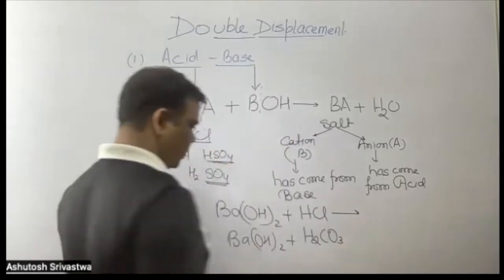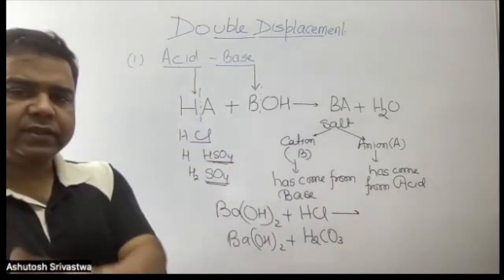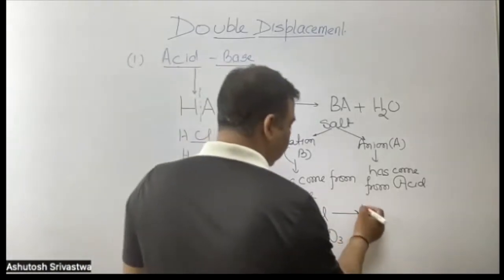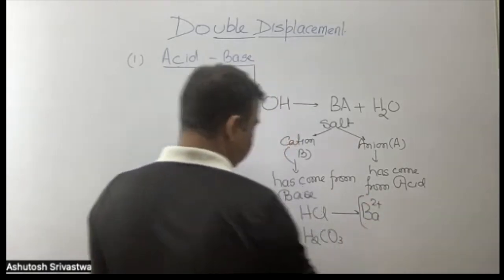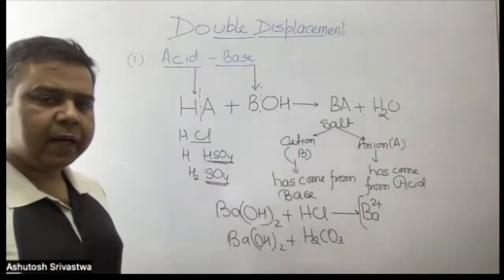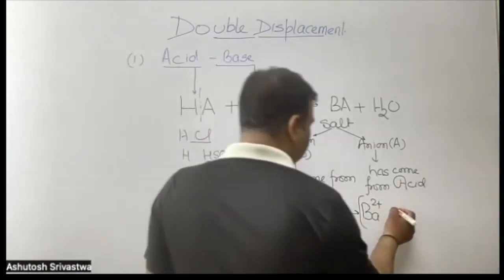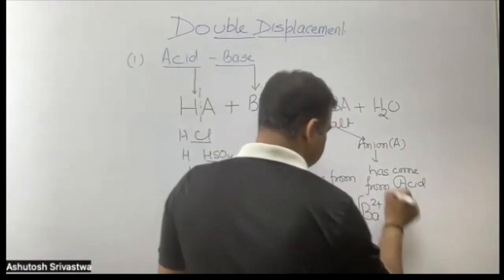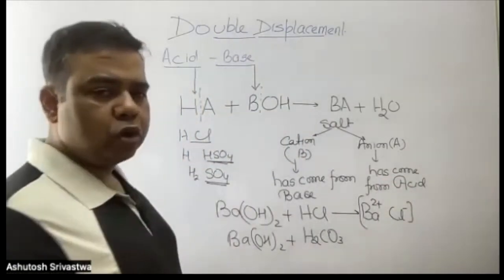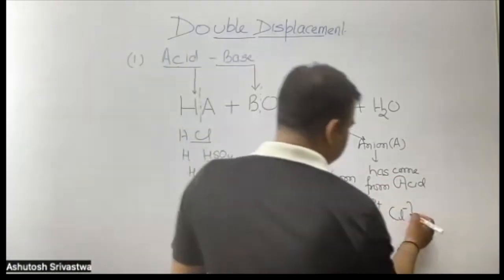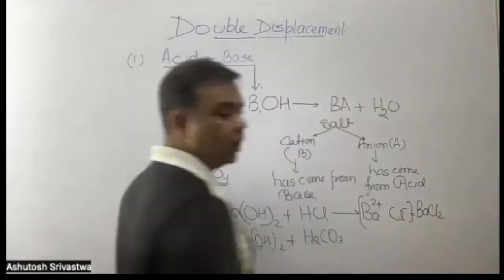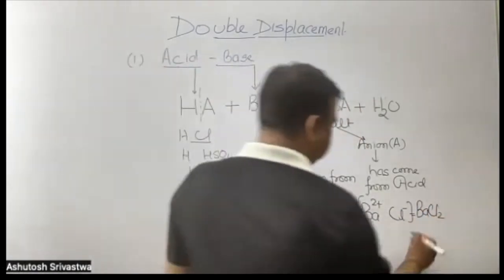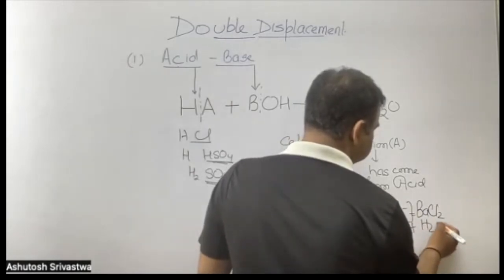Identify the positive part, which is Ba2 plus, and the negative part of the acid, which is Cl minus. Both will form BaCl2 plus water.